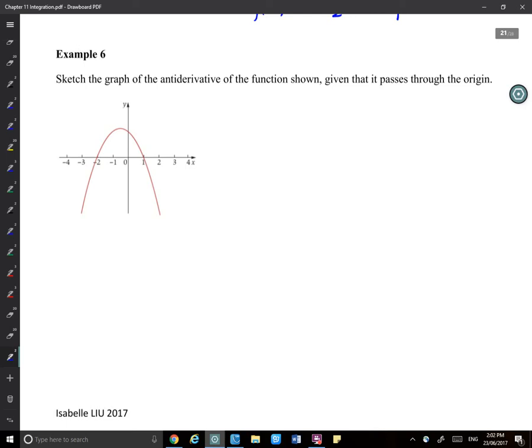Even though this graph gives me -2 and 1 as the intercepts for f'(x), I don't know another point. I can't work out the exact equation for this quadratic, so I can't find the integral. I just roughly know what it is, but I don't know the exact equation. So your antiderivative graph will not be an exact graph.